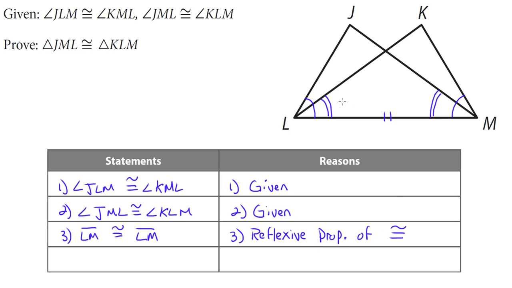And so now we have our angle side angle. So triangle JML is congruent to triangle KLM, and the reason is the angle side angle triangle congruence theorem.